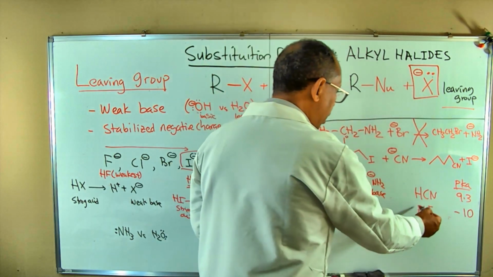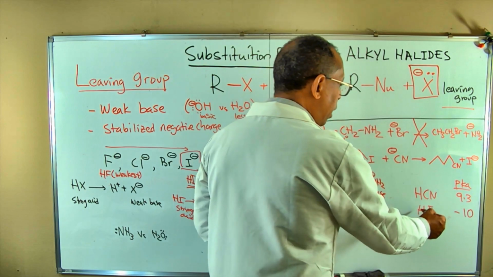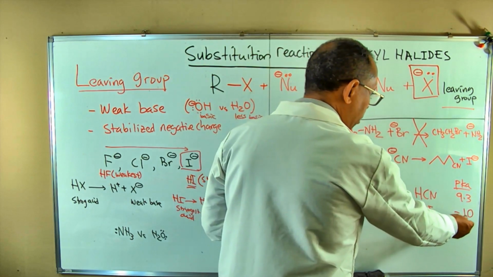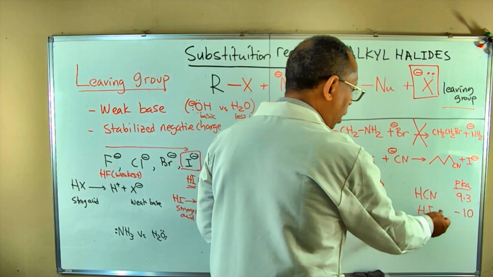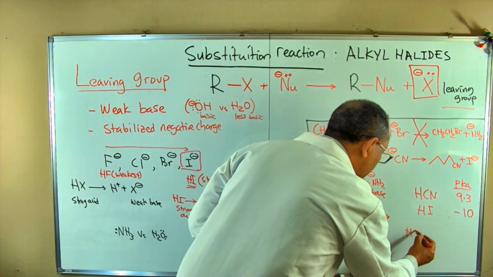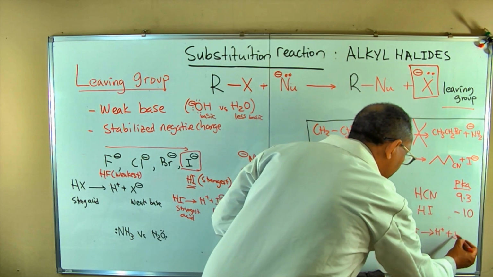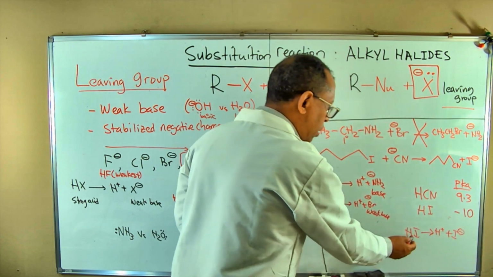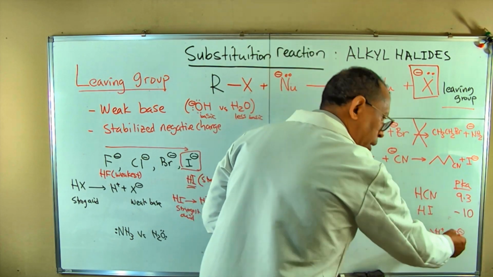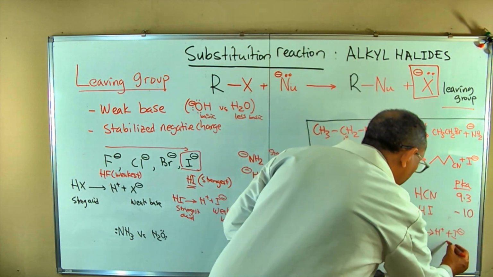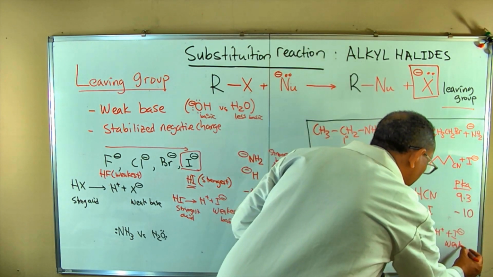So HI is very highly acidic because the pKa is -10. That means HI is very acidic, so it gives H plus and I minus. So if this is a strong acid, the conjugate base is a weak conjugate base, a weak base.